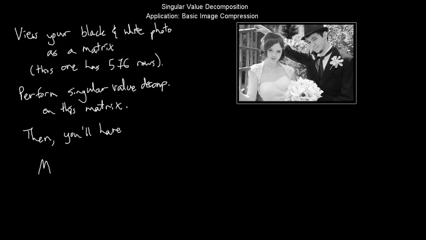So what you're going to have is your matrix as a summation. The first singular value times the first column of your decomposition times the first row, plus the second singular value, and so on. We've seen this before. Sigma 576 times P 576 and Q 576.